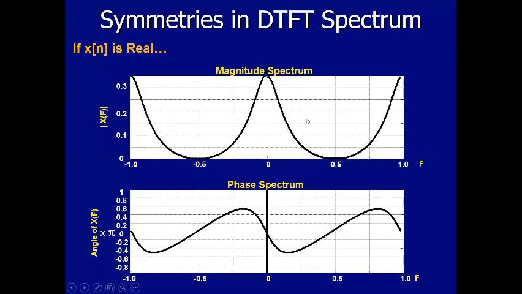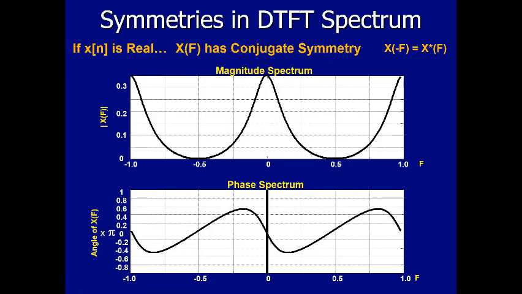The magnitude versus frequency is an even symmetric waveform, and the phase is an odd symmetric waveform, and that's because the discrete time Fourier transform of a real signal is what we call conjugate symmetric. It has conjugate symmetry, meaning it's generally complex, and x of minus f equals not x of plus f, as it would be for even symmetric, but the complex conjugate of x of f.